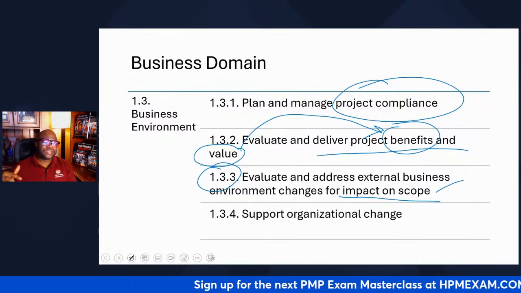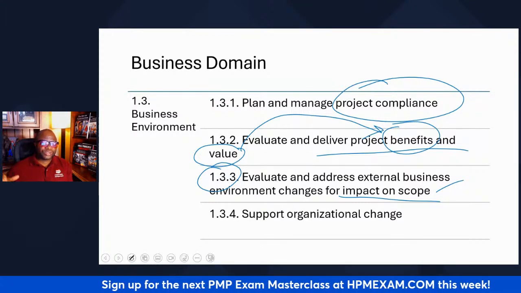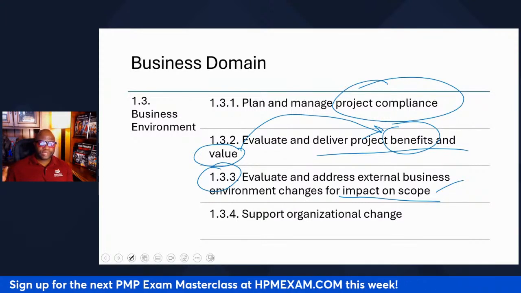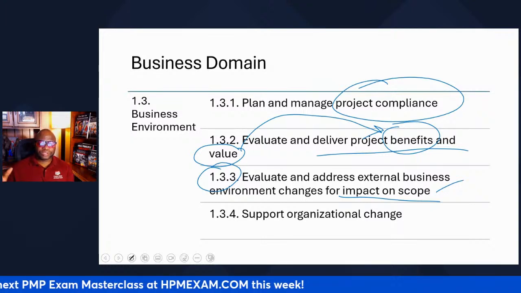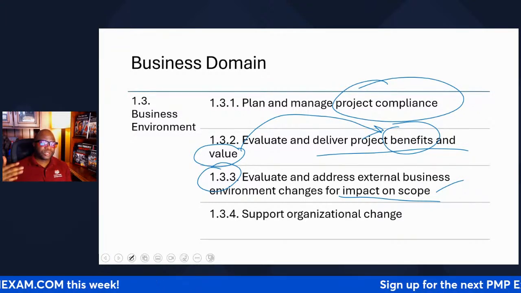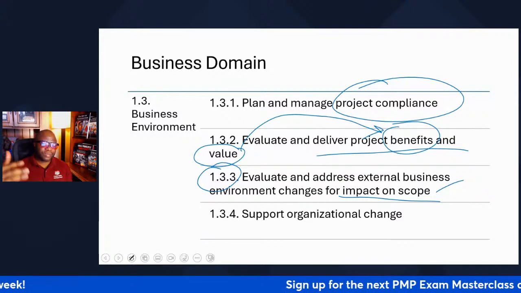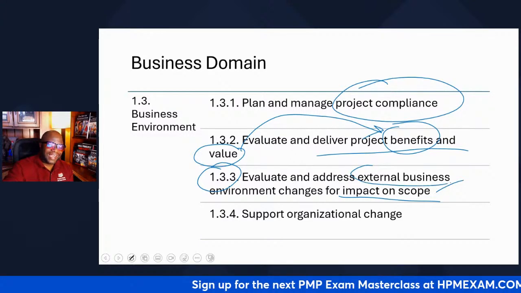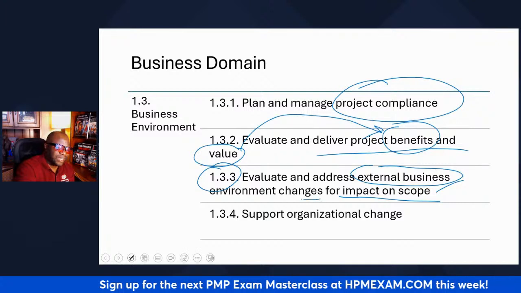But really, this is the job of management. This is a job of the product owner, the program manager, the portfolio manager. Any sensible professional should have their ear to the ground and be surveying the external business environment changes.